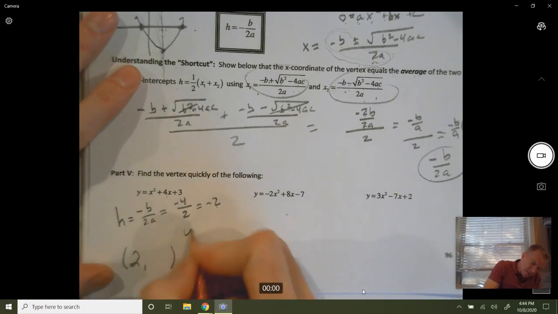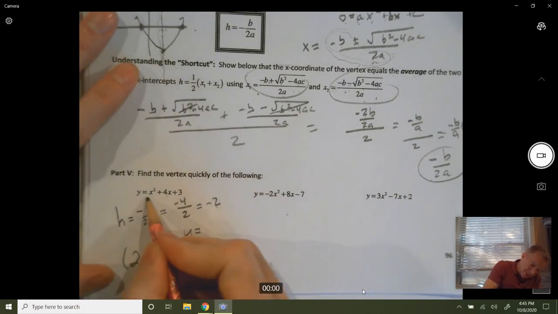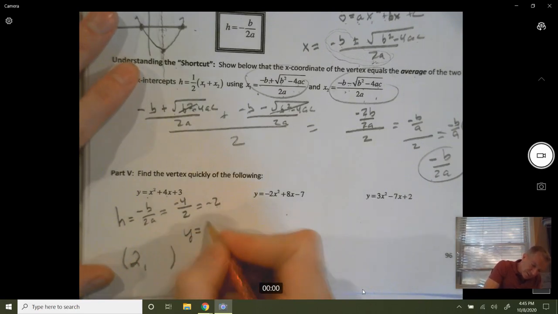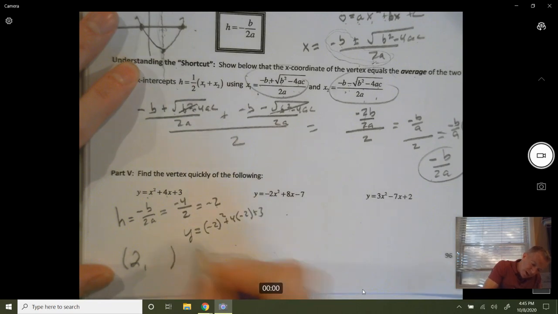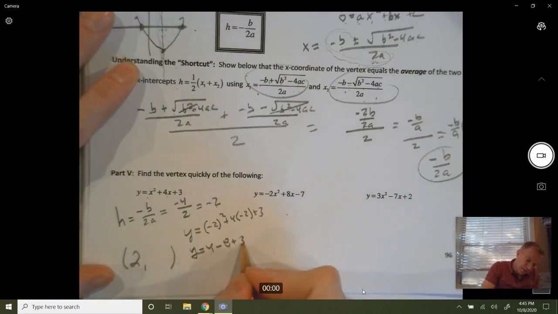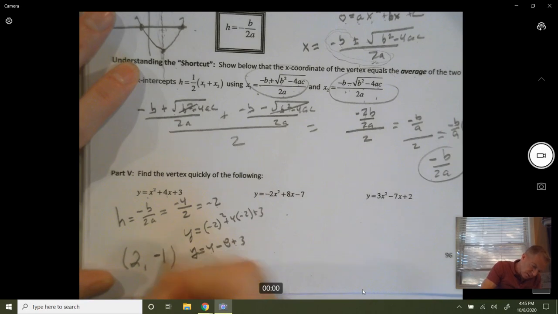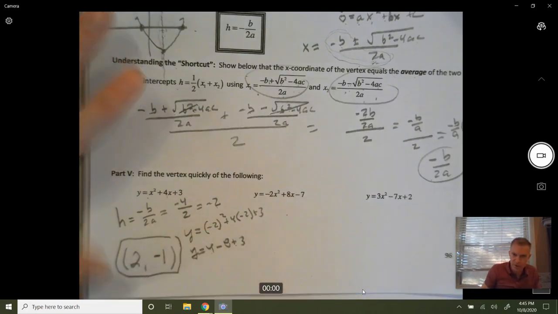So the y value is going to be, plug in the negative 2 for x, so negative 2 squared plus 4 times negative 2 plus 3. So y is going to be equal to 4 minus 8 plus 3. That's going to be negative 4 plus 3, which is negative 1. And look at how quickly we found that vertex.